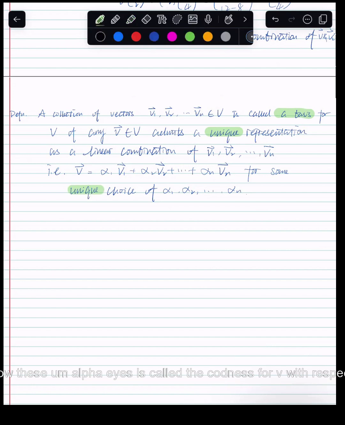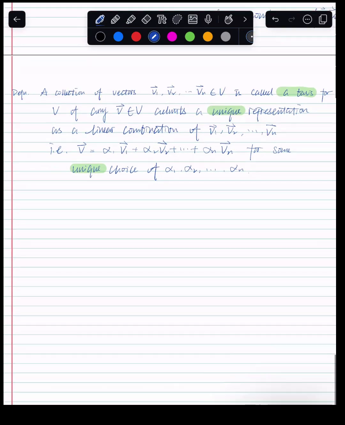These alpha i's are called the coordinates of v with respect to the basis.